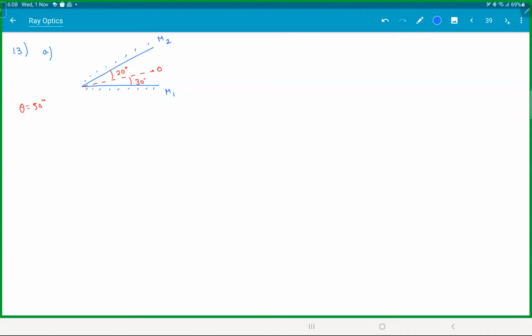So let's see. M1, M2. My first image will form at 30 degrees. Then you add 50, you get 80. Then you add 50 again, you get 130. Again, you add 50 and it is over 180, so this is gone. You can't exceed 180.